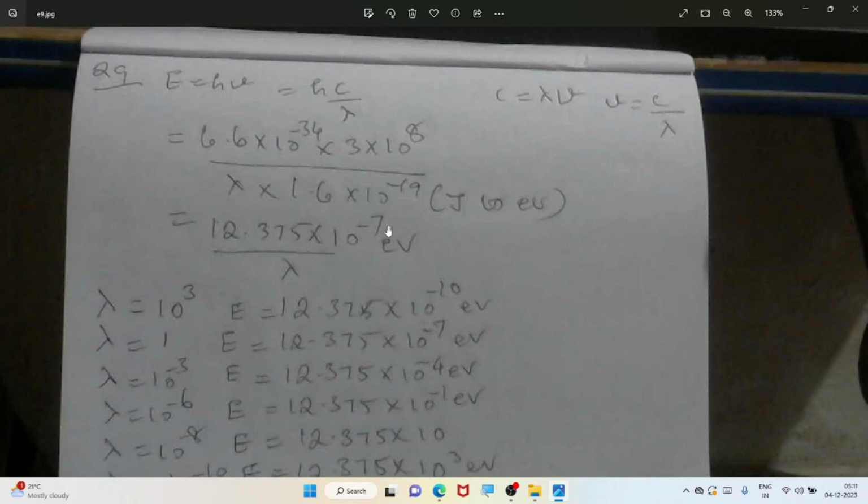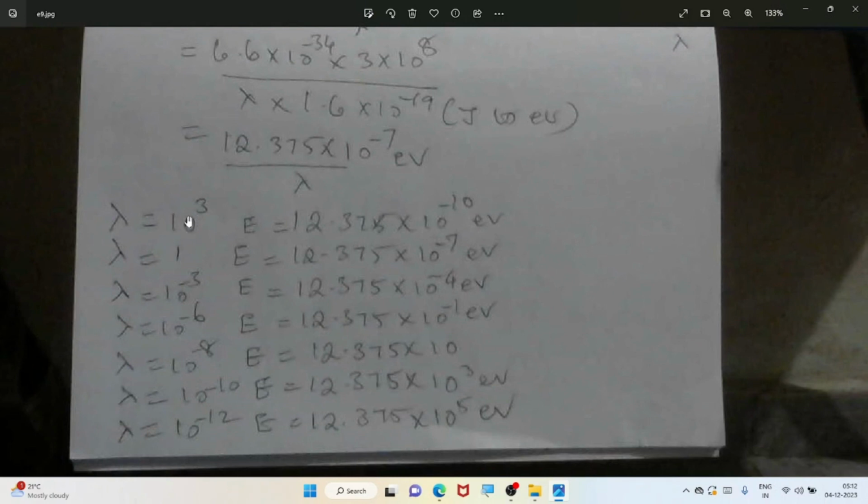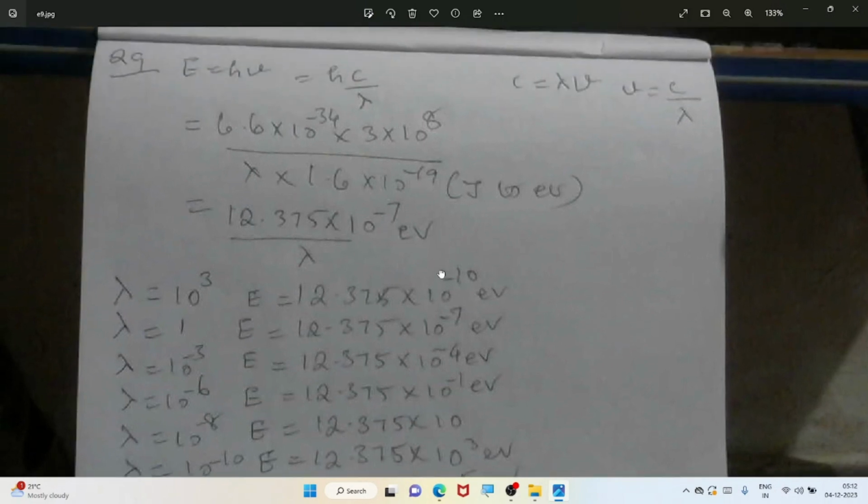After substitution you will get this. If you substitute for different wavelength values, you will get the energy in electron volts.